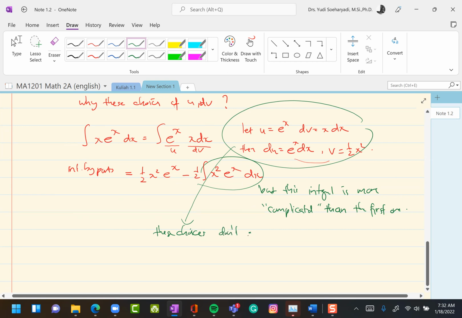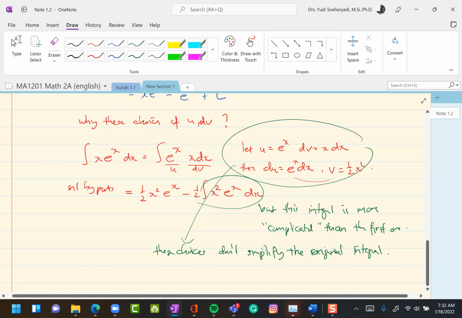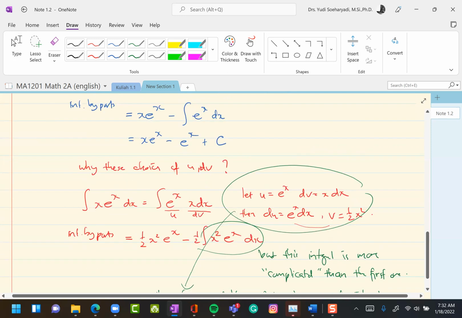Don't simplify the problem. The original integral. All right, so that's the first example of the integration by parts.